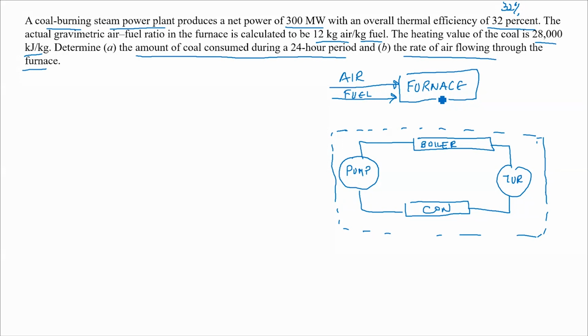As a result of this burning, you get Q dot H into the system, and Q dot L is released to the surrounding. The net power W dot net out of this engine is 300 megawatts and the efficiency is 32%.